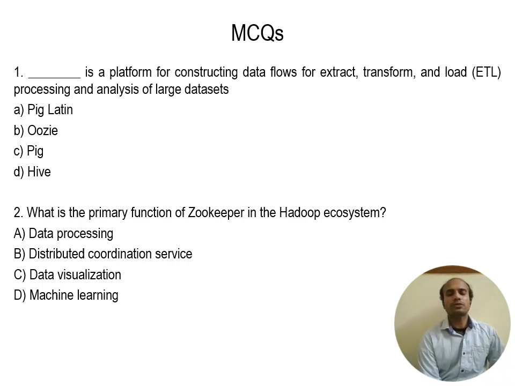So the first question: which is a platform for constructing data flows for extract, transform, load, processing, and analysis of large data sets? The possible options are Pig Latin, Oozie, Pig, and Hive. They have listed out components of the Hadoop ecosystem, and Pig Latin is a script.